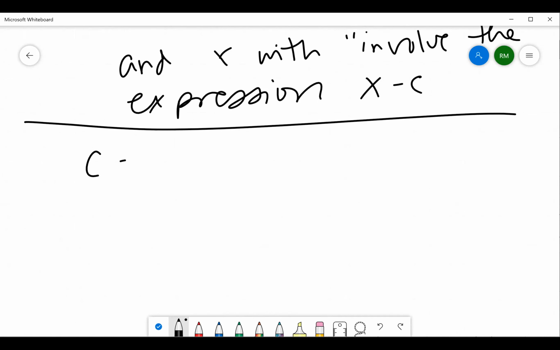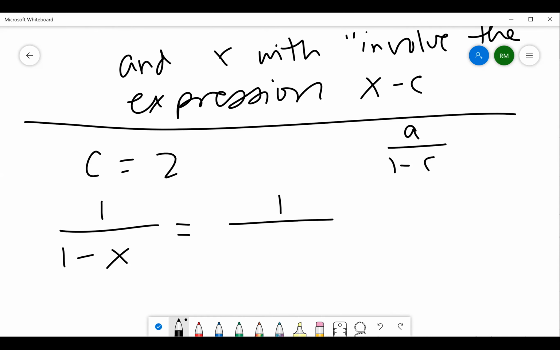I think you'll see how that works. Let's set c equals 2. So we need to modify this expression in the bottom till the r piece of it becomes something involving x minus 2. So here's what we can do. We can say that we are subtracting x minus 2, and therefore this piece right here must be -1.